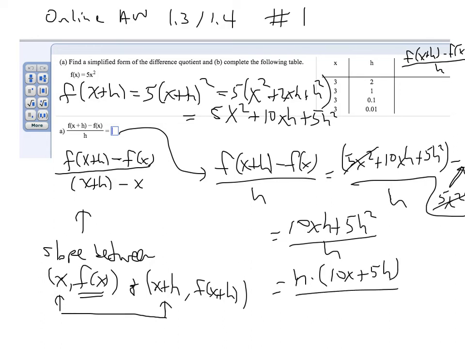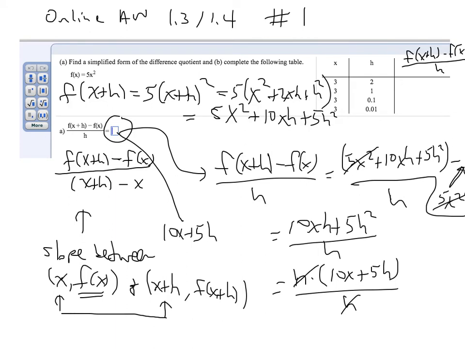There's an h term in both of these, so I can factor that h out, and what I'm left with is 10x, since 10x times h would be that, and 5h times h would be 5h squared. And then the denominator I still have the h. The reason I want to factor out is because now this cancels, and so my simplified expression is just 10x plus 5h. So what would go in this box here is 10x plus 5h.